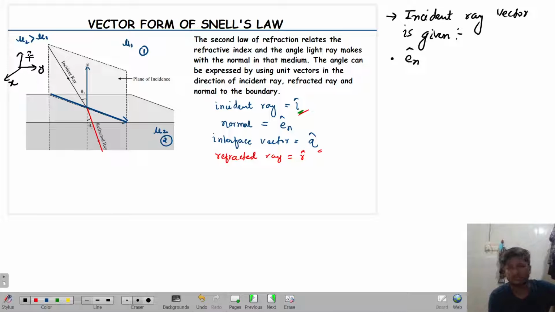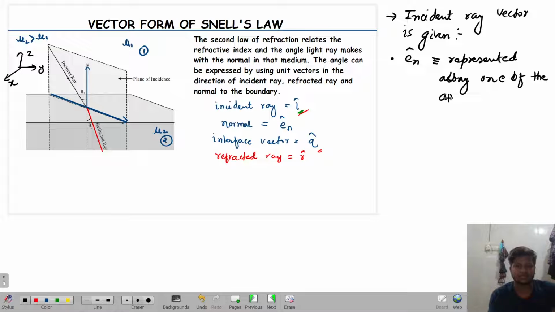That will make your question easy. So we can consider that En cap is represented along one of the axes. Got it or not? Now, how to find the interface vector using the incident ray?